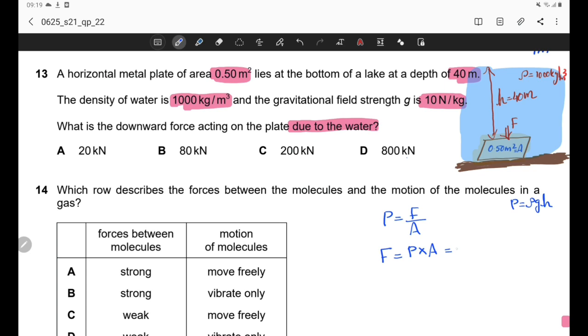So we can use that equation here. Instead of pressure it is rho gh times area. Now we have the values, we can substitute. Density is given, that is 1000 times G is 10 times height is 40 times area of cross section is 0.50. Therefore the answer is 200 kilo Newton. Option C is the correct answer.